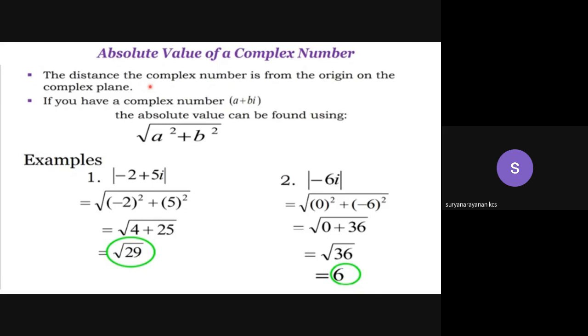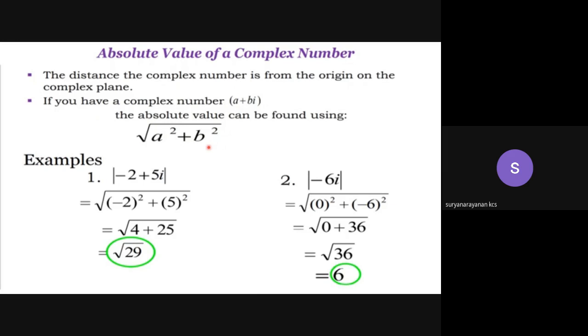Then the distance of the complex number from the origin is said to be the absolute value of the complex number. Suppose a complex number a plus ib is given. Then the absolute value can be found using this formula: square root of a squared plus b squared, meaning the square root of the x coordinate squared plus the y coordinate squared.